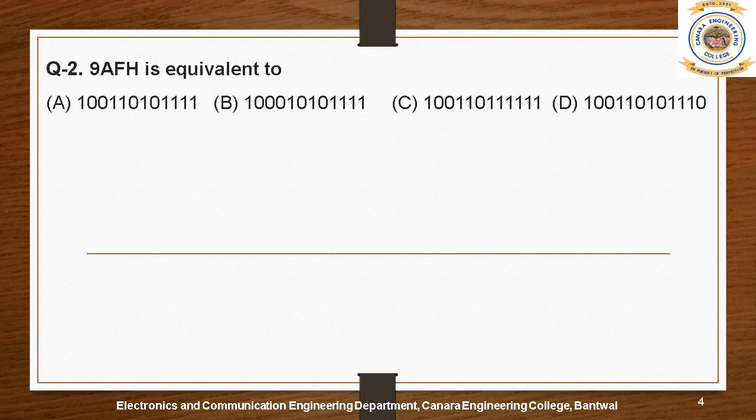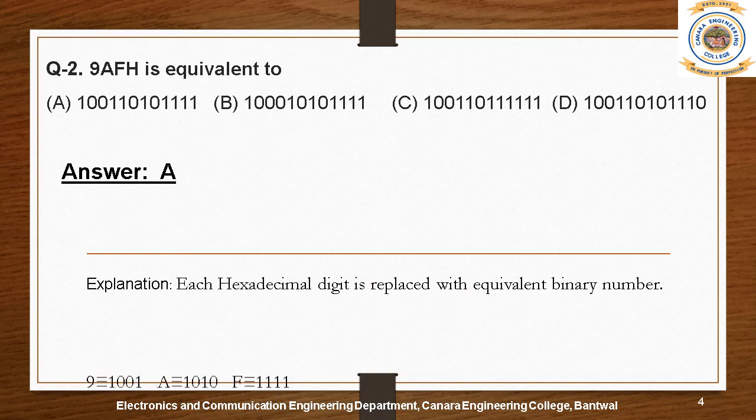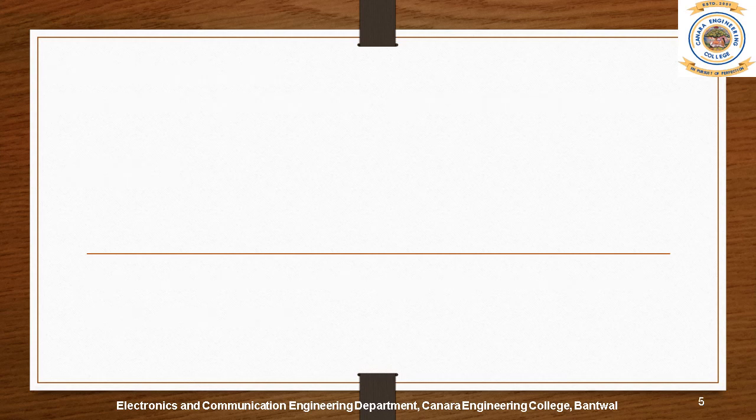So the answer is A. Why is the answer A? Here is the explanation. The first digit 9 is 1001, the second digit A is 1010 and the third digit F is 1111. So 1001, 1010, 1111, that is answer A. Next question.